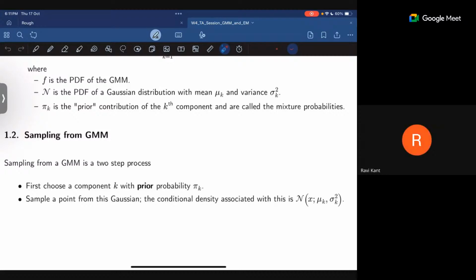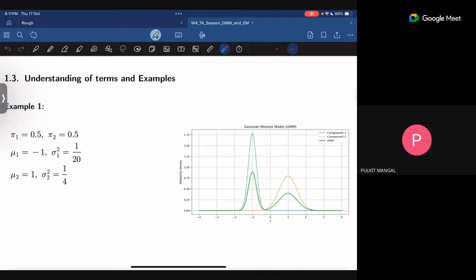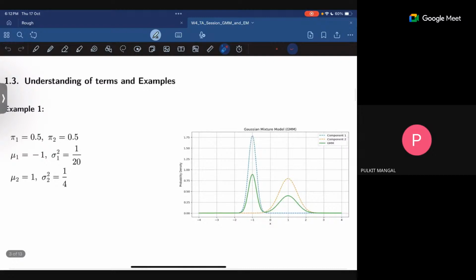Now, the part that we will focus on is the terms, and we will look at a few examples to understand better. So, example one: we have taken pi 1 and pi 2.